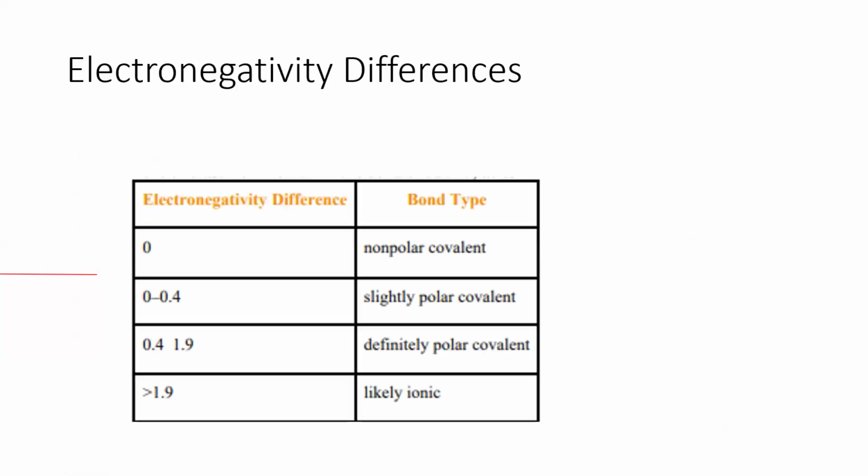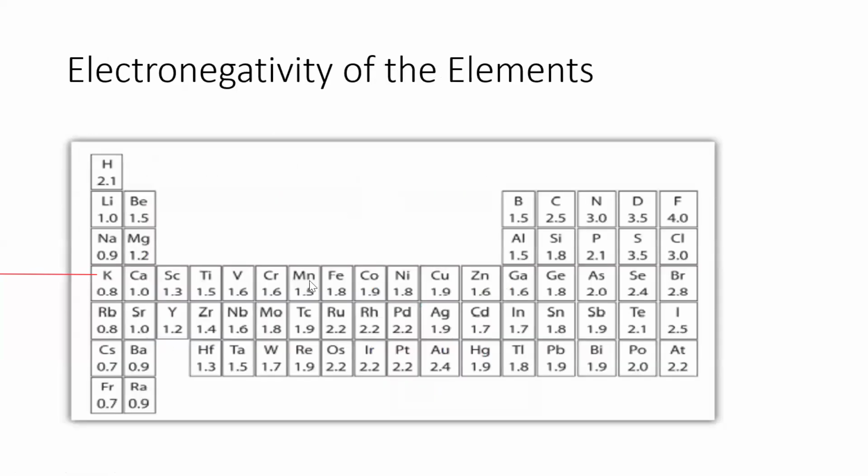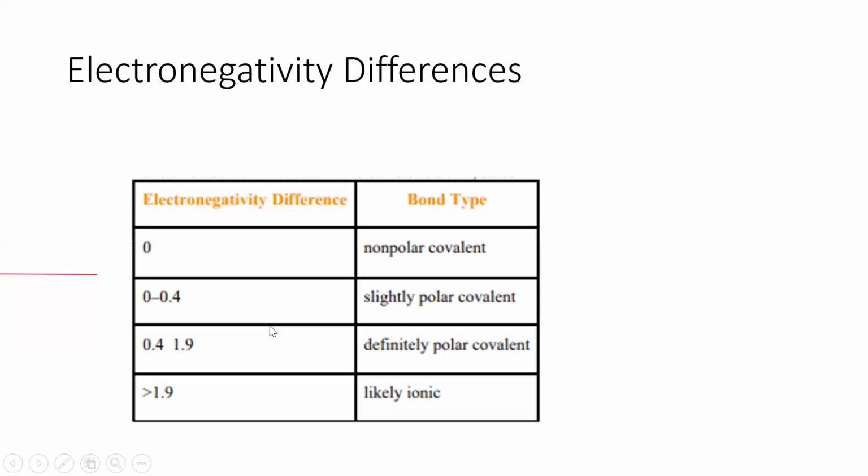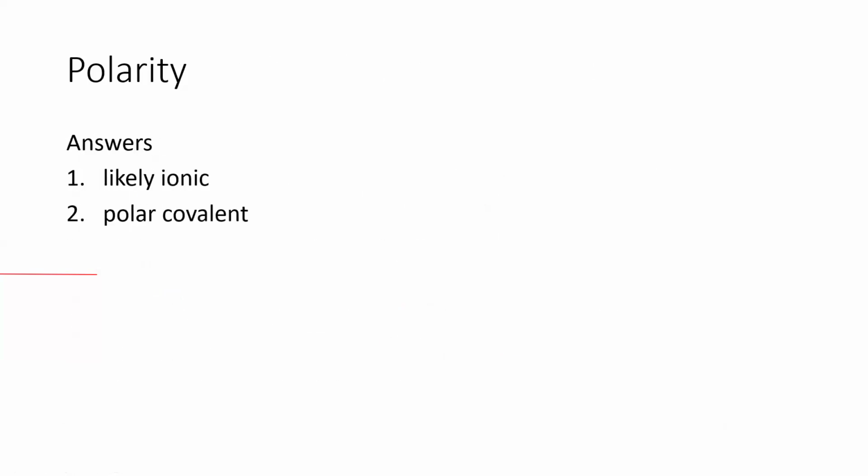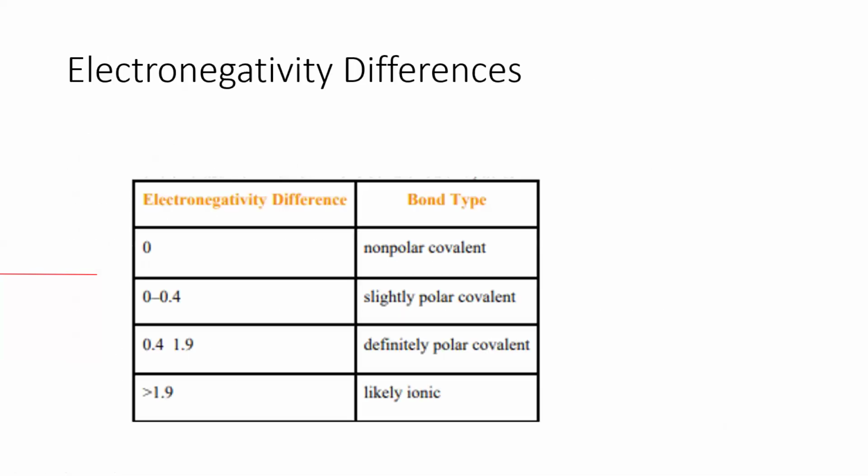Fluorine is how much? 4.0, right? So 4.0 minus 0.8 will give you 3.2. So it's likely ionic. If you come here, it says that when the electronegativity difference is greater than 1.9, it's likely ionic. So this one we have 3.2, so it's likely ionic.